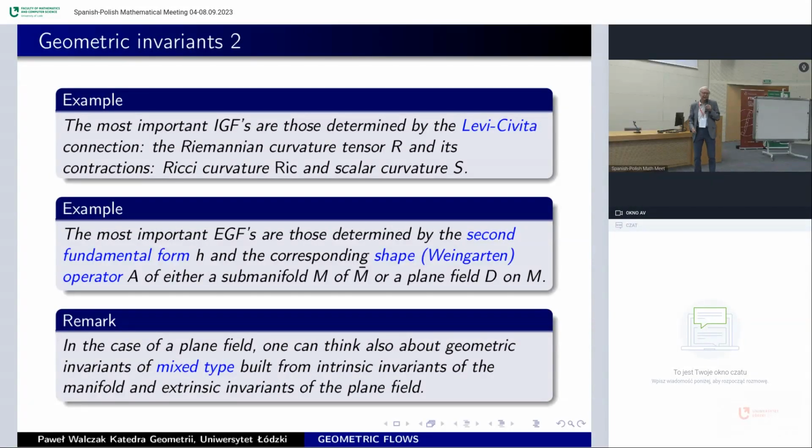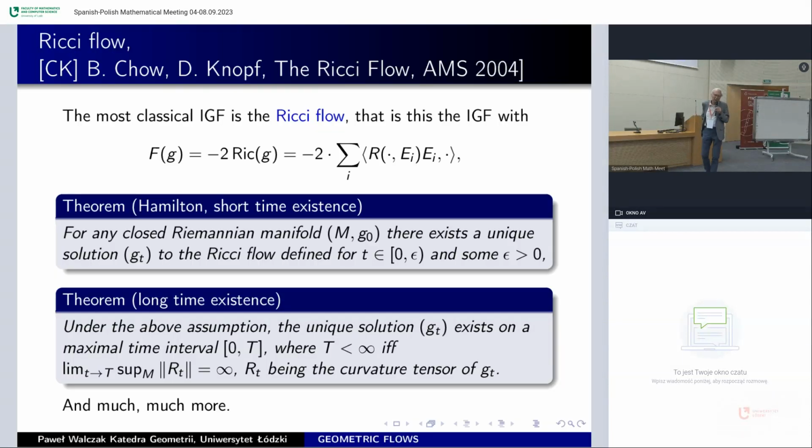The most classical intrinsic geometric flow is the one called Ricci flow, and probably everybody here had a chance to hear about it. This geometric flow arises from this function capital F, which, up to a constant, coincides with the Ricci tensor of a given manifold.